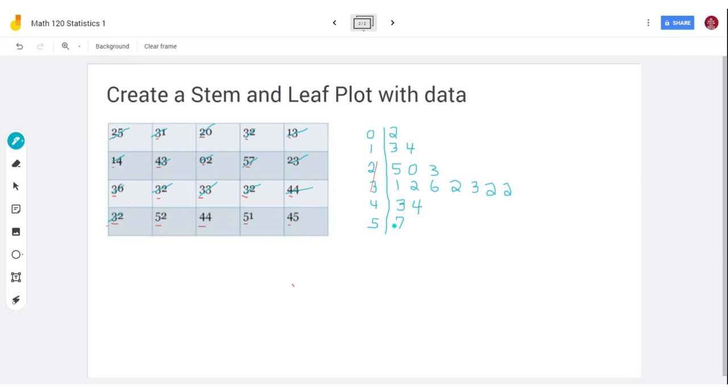Got to do 52, and I'm marking them out so that I know that I've used them. 51, and then 45.